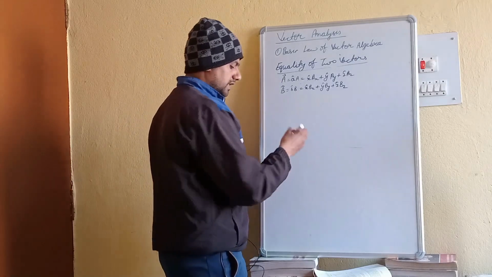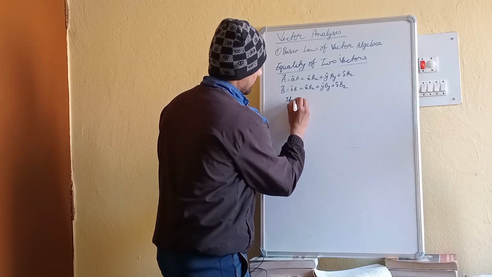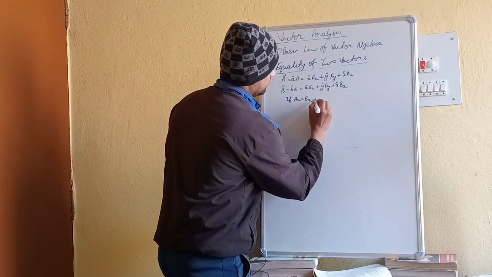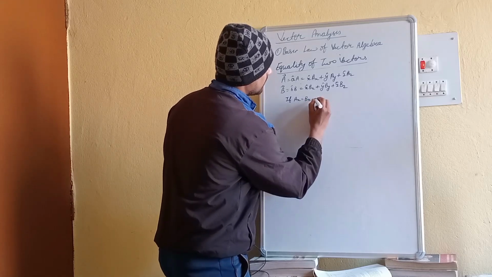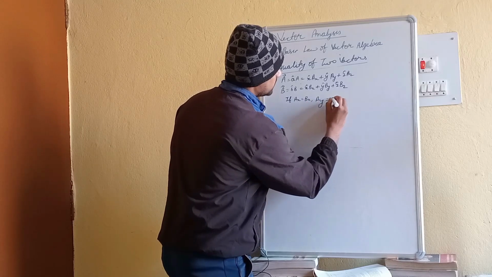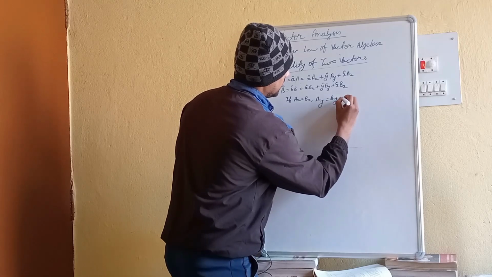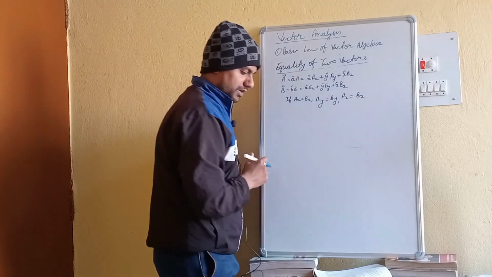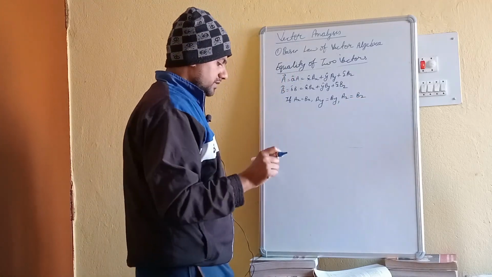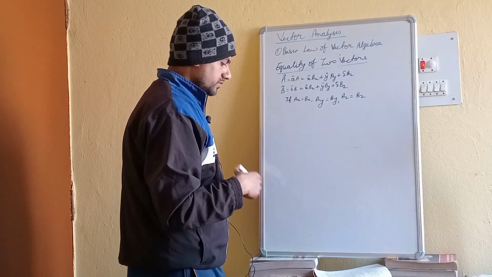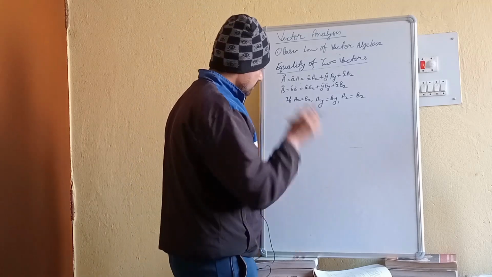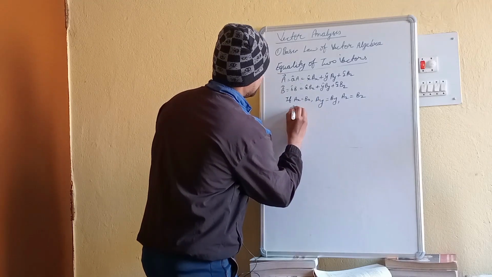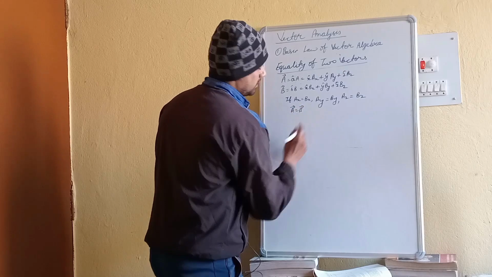It means the condition is that ax equals bx, ay equals by, and az equals bz. If the components of these two vectors are equal, we can say that these two are equal. So if this is the case, then vector A equals B.